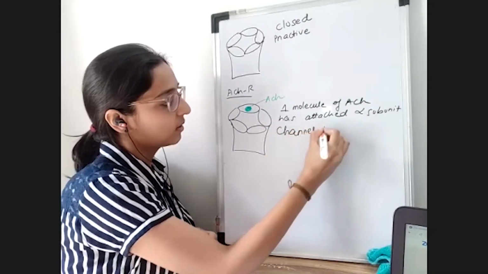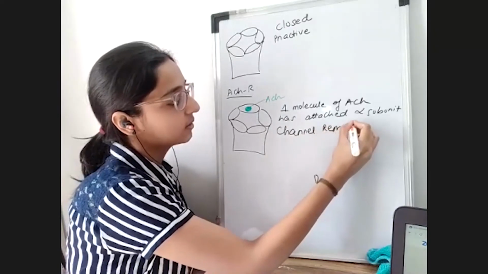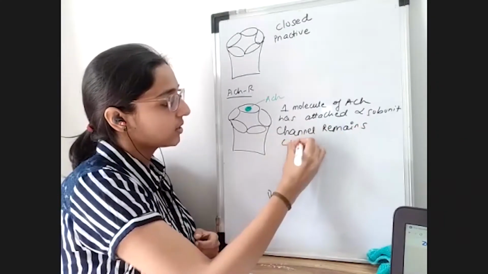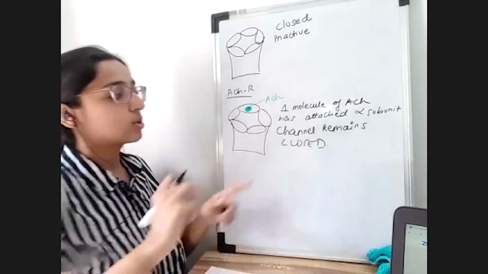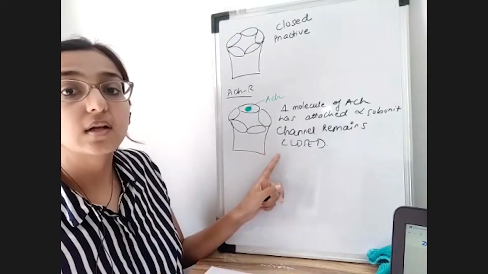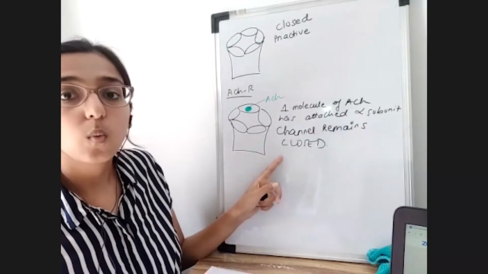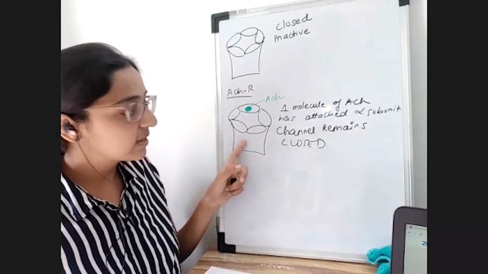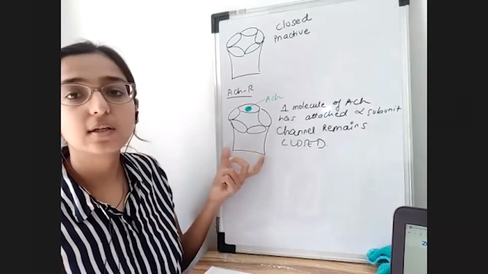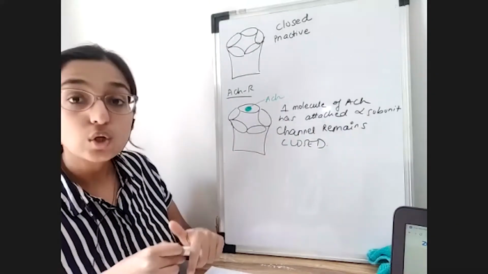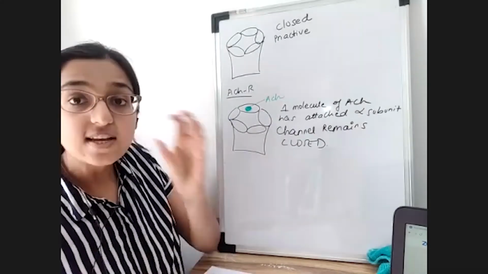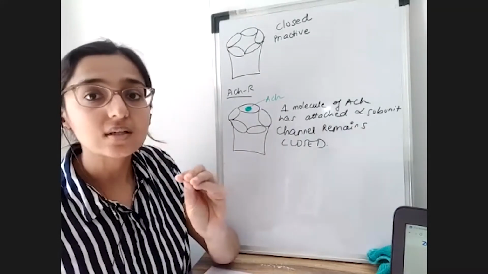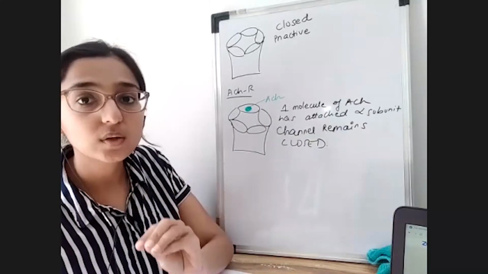You need to understand this very carefully. The channel is going to still remain closed. Why is that? Because for every channel to open, we need a minimum of two acetylcholine molecules to bind to both the alpha subunits.